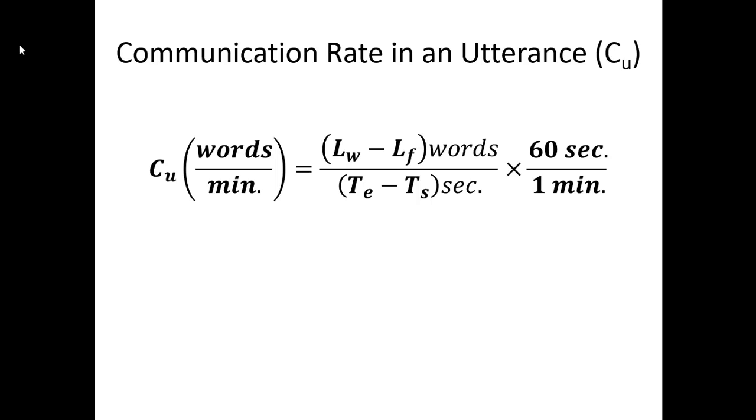Now, it's important to note that given this computation, pre-programmed utterances are not included in analyses of communication rate. In a pre-programmed utterance, the entire utterance is produced in a single language event, which means that the ending timestamp and the starting timestamp are the same, and the amount of time that's used to produce that utterance is 0.